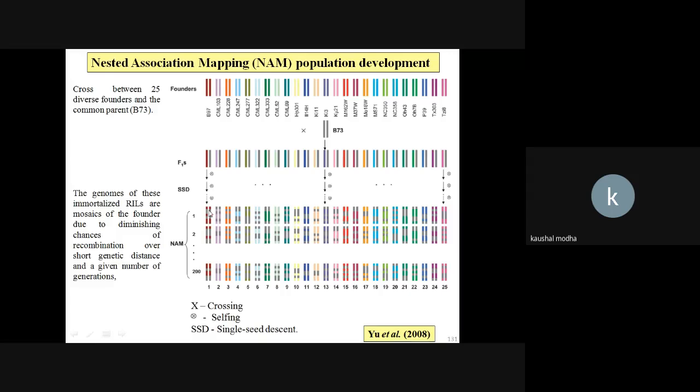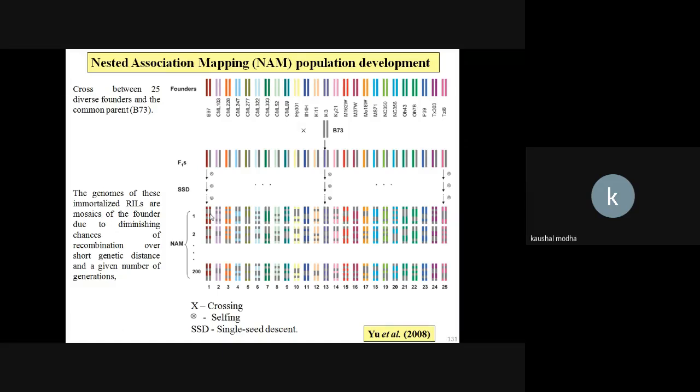And the markers present here, the polymorphism in these grayish boxes, are common parent specific markers. So all the founder line blocks which are situated between these common parent specific markers are called nested between the common parent specific markers present around this founder line region, which is shown by the color. So that's why it is called nested association mapping population.